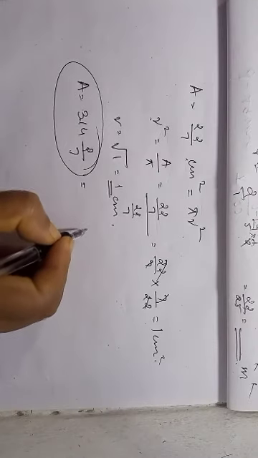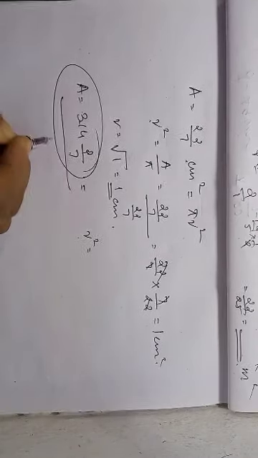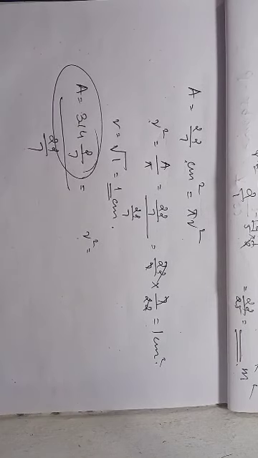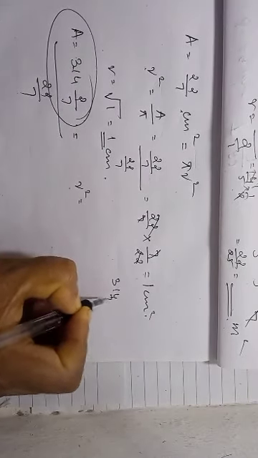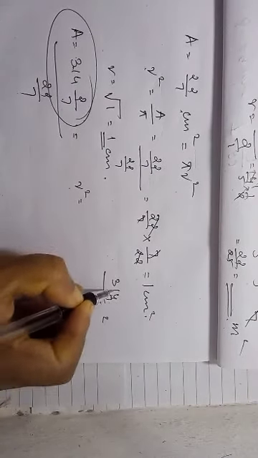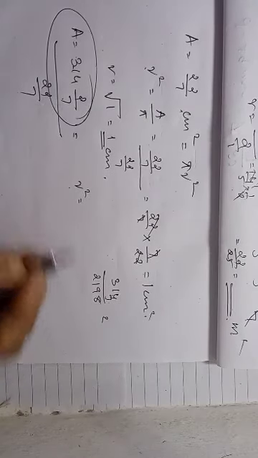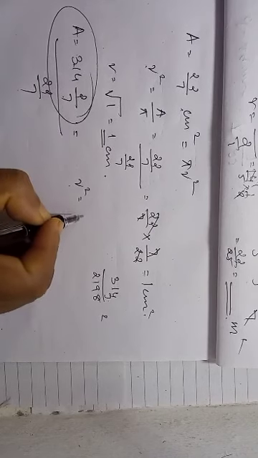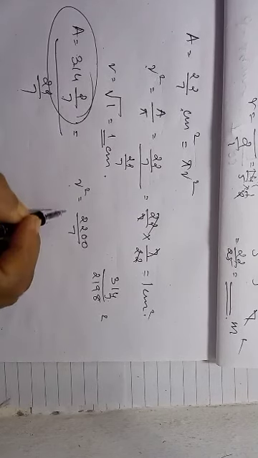Then r square is equal to A by pi, that number divided by 22/7. 314 into 7 is 2198, plus 2 is 2200. So 2200/7 is the mixed number.